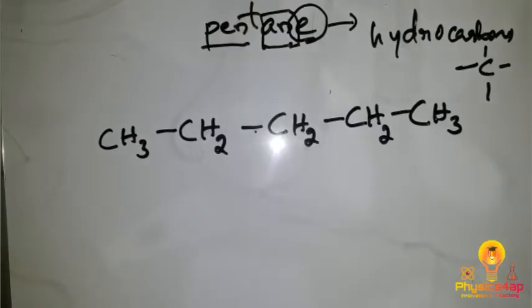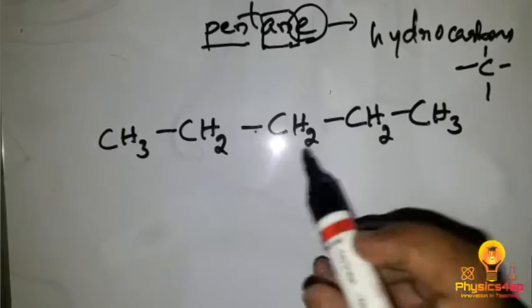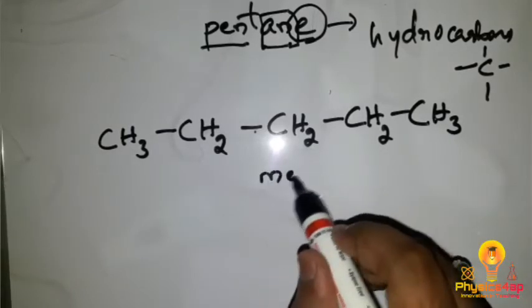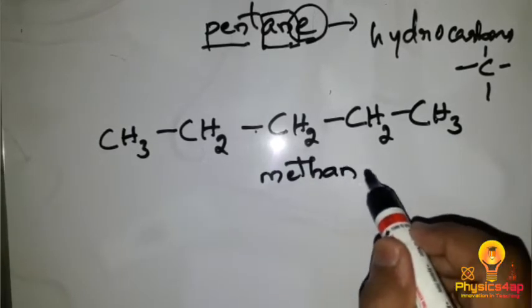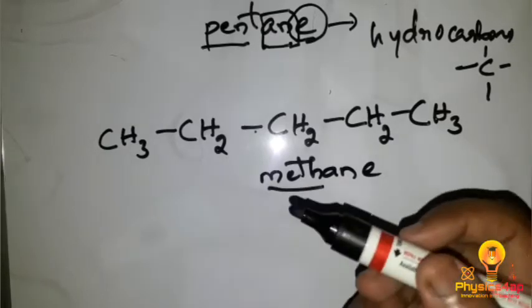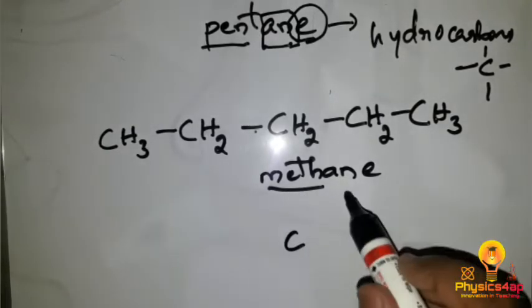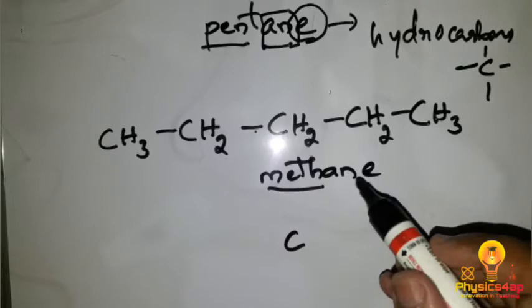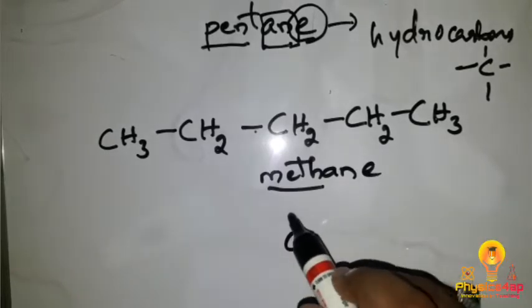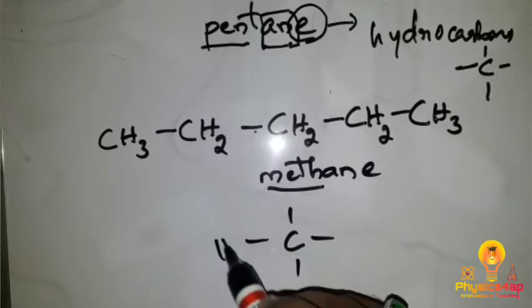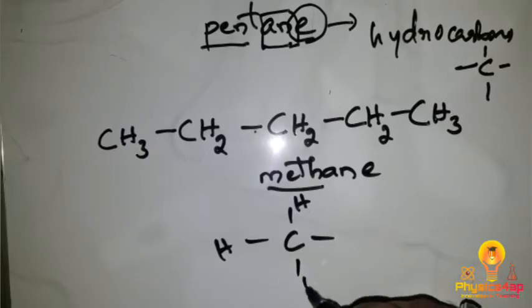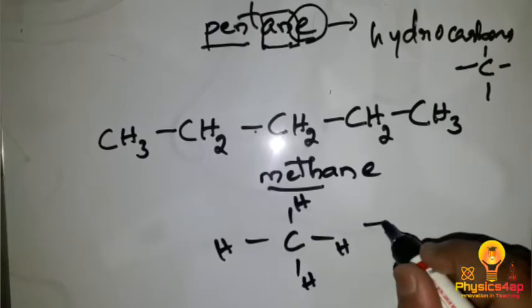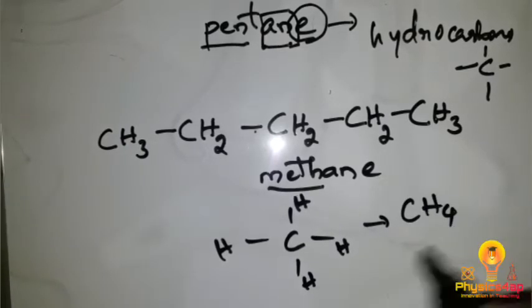The same we can draw for methane, butane and so on. Let us see methane. Meth means we have only 1 carbon. "Ane" consists of single bonds with all the hydrogens, H, H, H, H, which results in CH4.